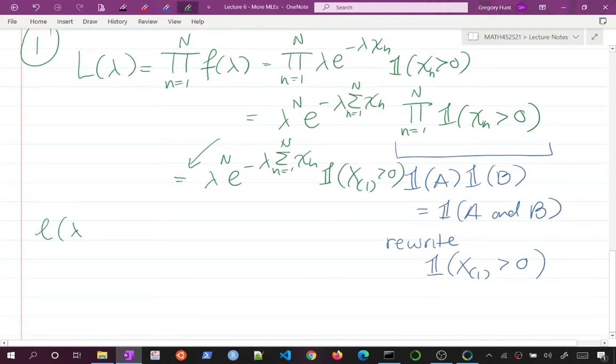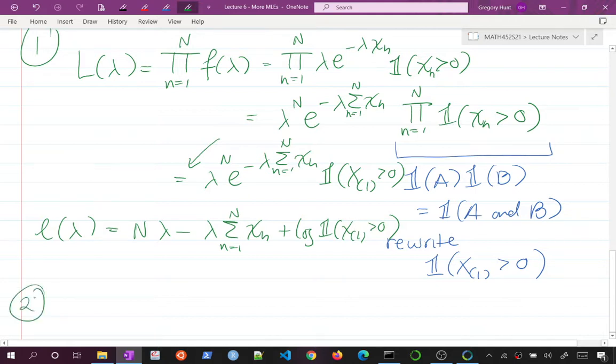If you take the log of this, and this is n lambda minus lambda, we play our tricks with our logs. Right, so we get this log of the indicator, which is very weird, but not to worry.